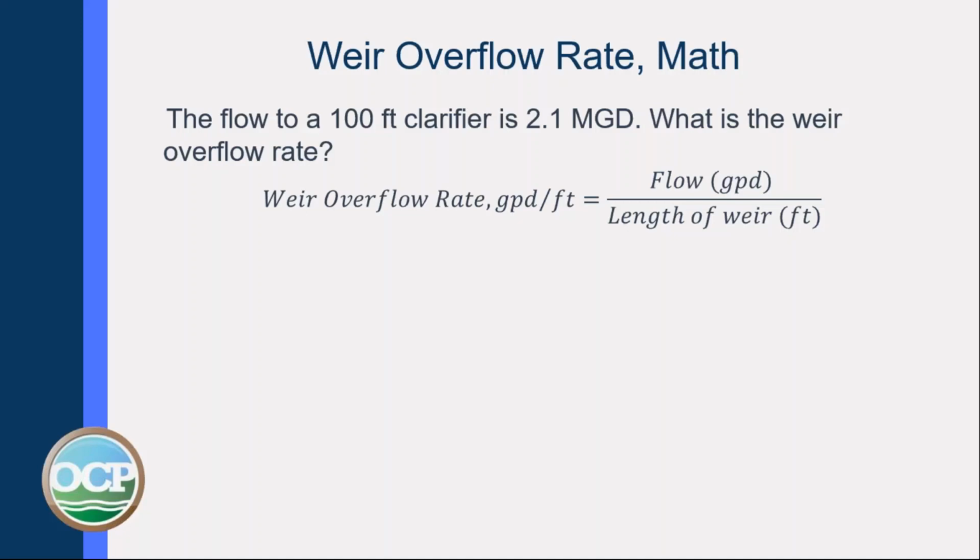The weir, remember, goes all the way around the edge of that tank. So you must calculate the circumference of the tank. To calculate circumference of the tank, you take the diameter of the tank times pi, which is 3.14.